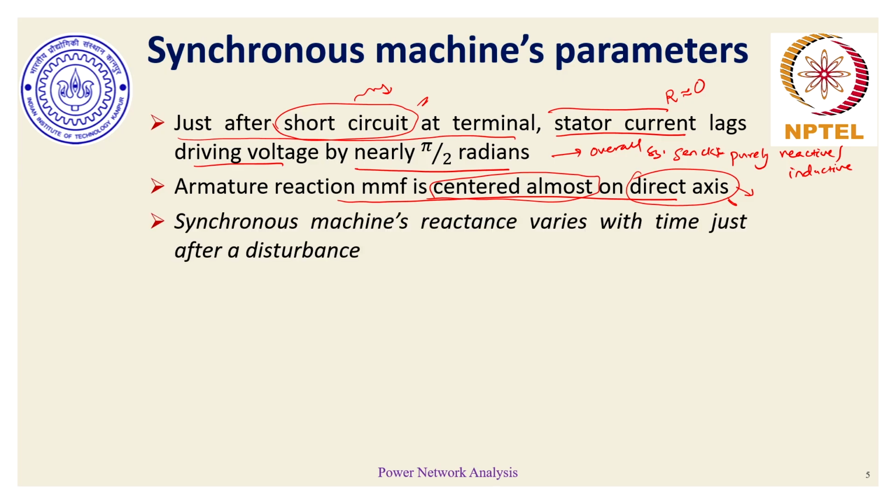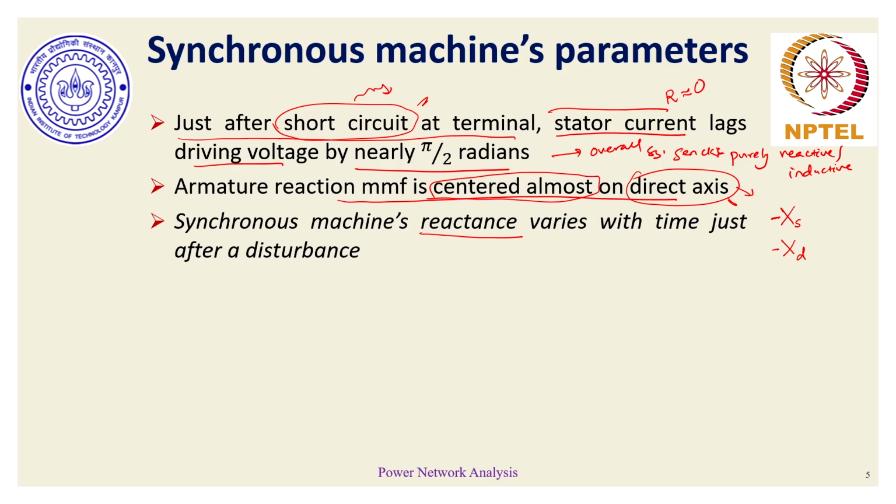transient operation. The catch behind all this discussion is that right after a disturbance or a fault at the terminal of a synchronous generator or a machine, the machine reactance, which we call XS for a cylindrical pole machine, or if we talk about the dominant reactance for a salient pole machine, the value of X, either XS or XD, doesn't remain constant.